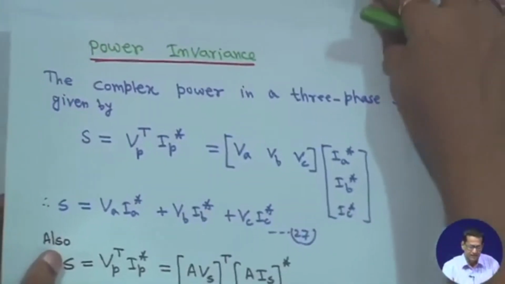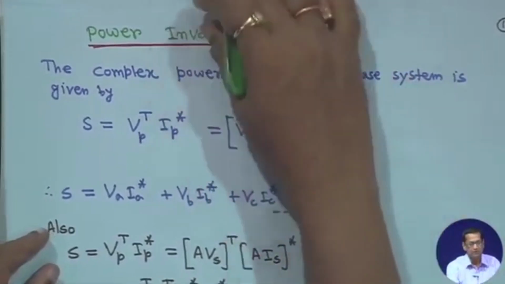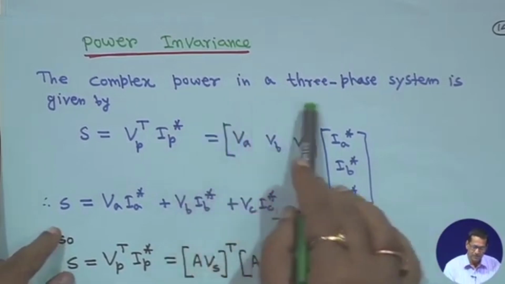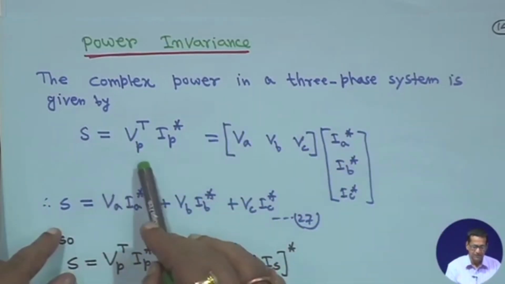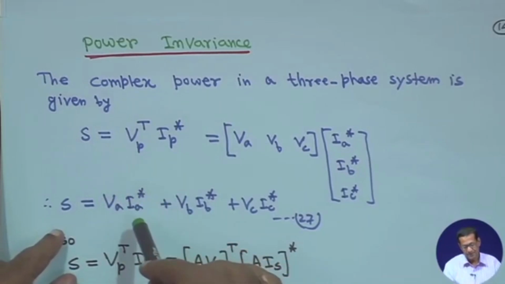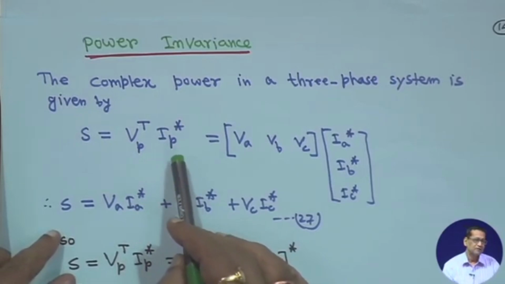Next is power invariance. We have to show that the power equation of the original quantities and that of the transformed quantities match. The complex power in a 3-phase system, as we have already seen, is in general S equal to V transpose I conjugate.